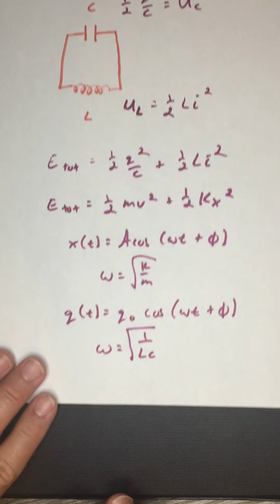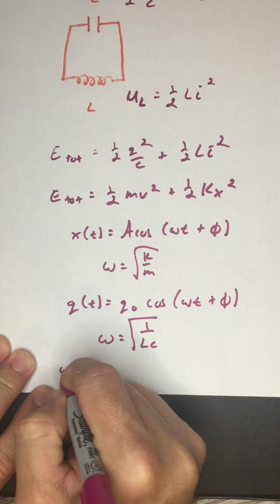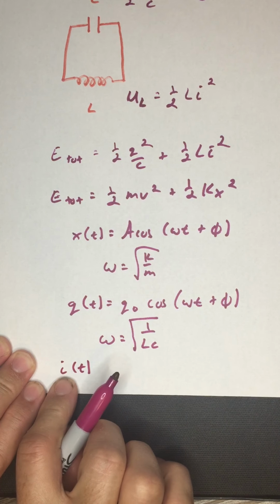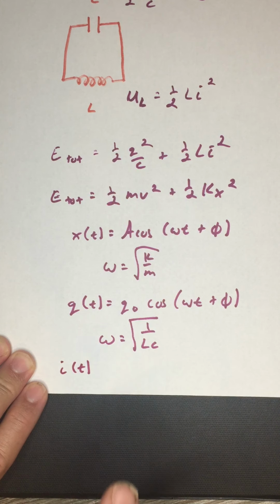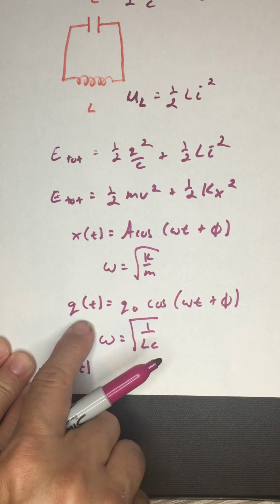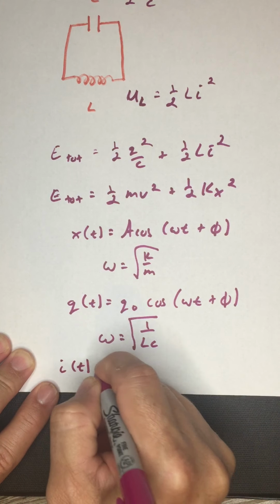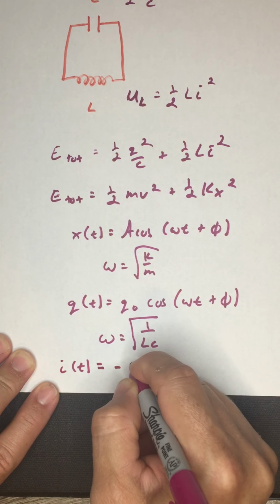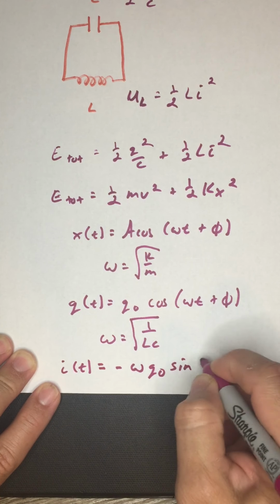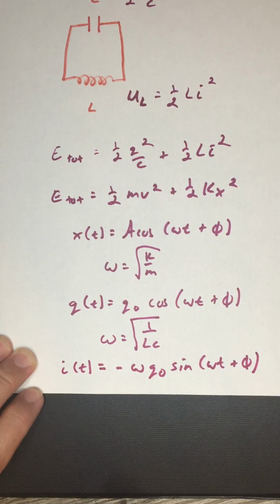Okay, I can give you one more here. But if I remember that the current is defined as dq/dt, and if I take a time derivative of this expression, I'm going to get i equals minus omega Q naught sine of omega t plus phi.